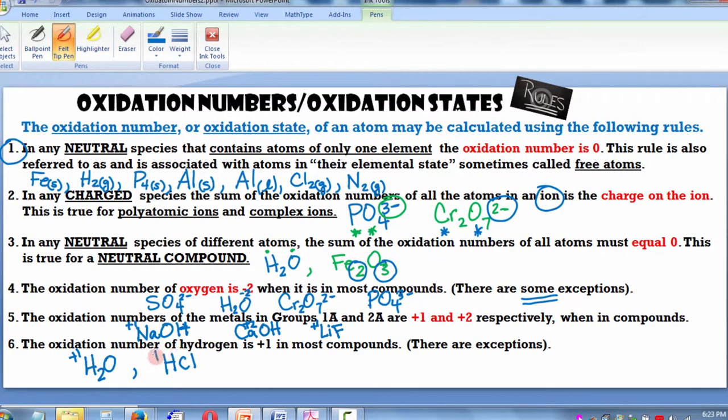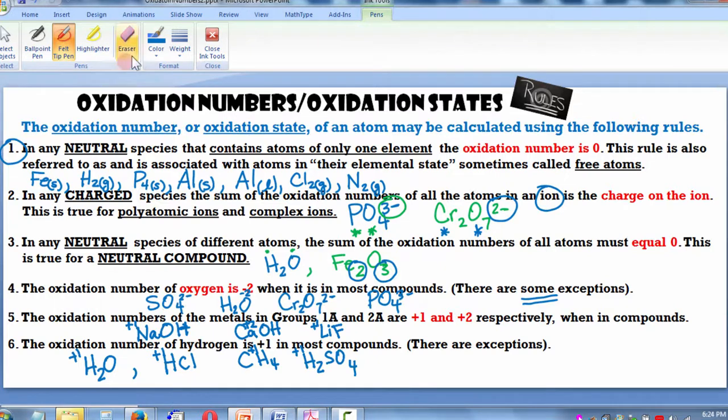HCl, oxidation number is +1. CH4, the oxidation state is +1. H2SO4, oxidation state for hydrogen is +1.